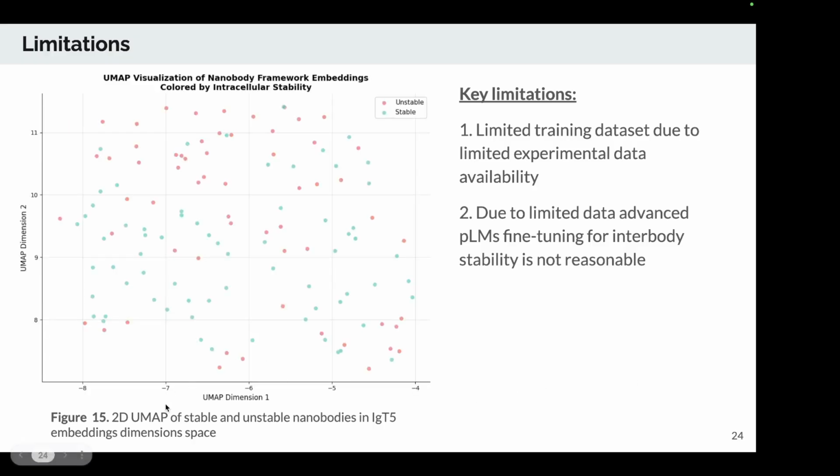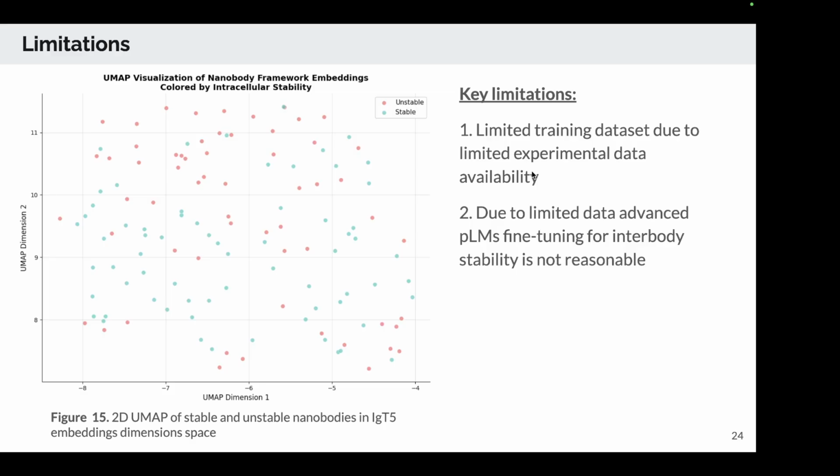Here is the UMAP in protein language model embedding space. And as you can see, there are no clearly defined clusters of stable and unstable antibodies in this space, which suggests that this task is quite complex and probably we can't resolve it with 100% accuracy.